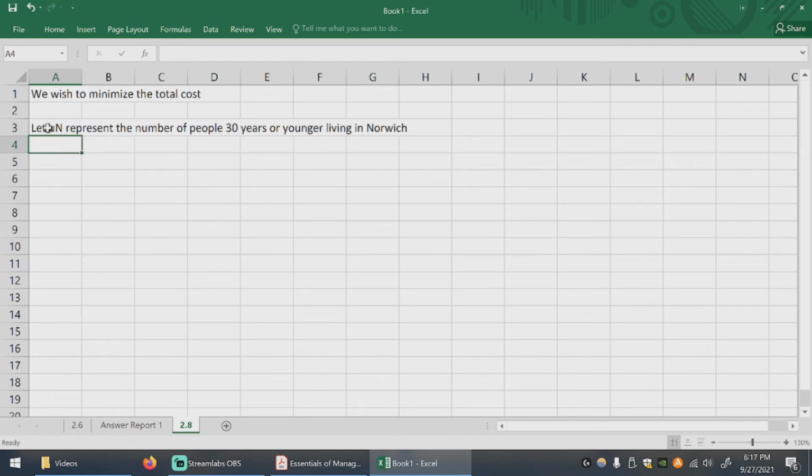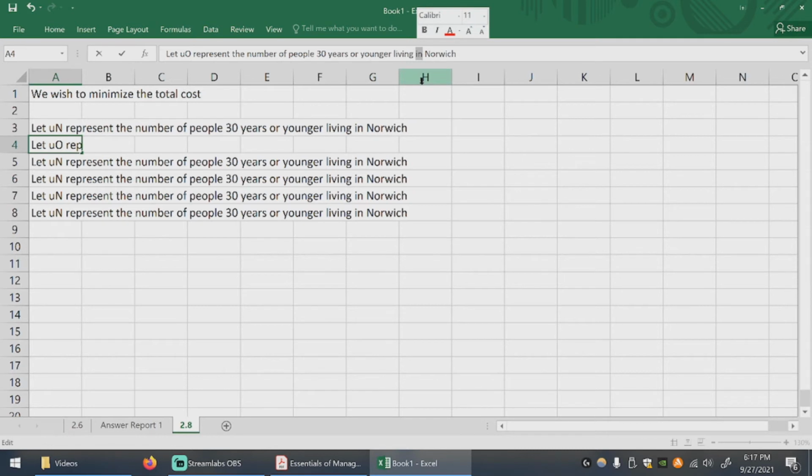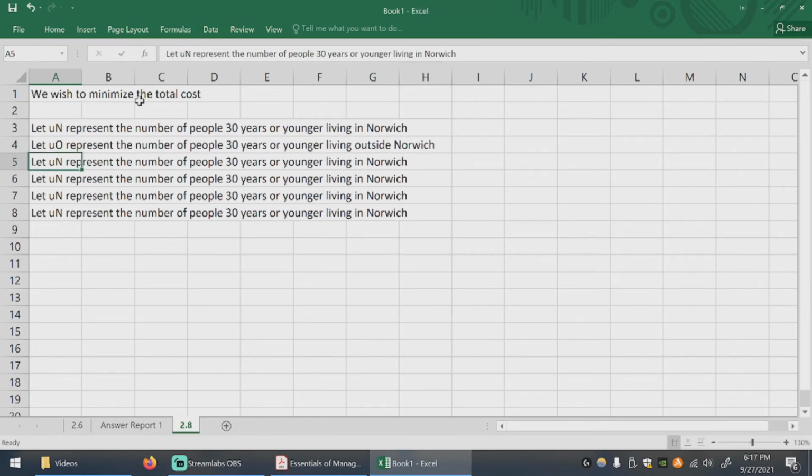Now I'm not going to write this down every single time. That's stupid. I need 1 for outside, then 2 for the other age group, then 2 for the other age group. There we go. Now I just edit it. UO represent the number of people 30 years or younger living outside. Next one I'm going to make is, let's say, VN.